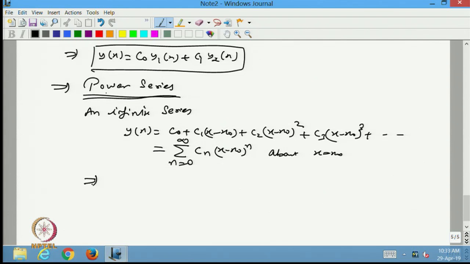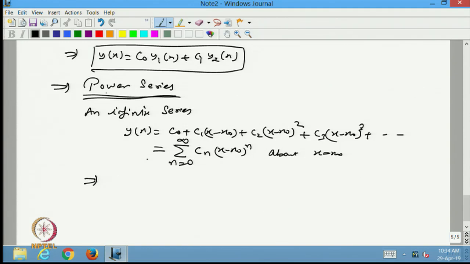So, y(x) is C0 plus C1, and so on. Now, I want to find the values of C0, C1, C2, C3. These are the coefficients and constants that we need to find with the help of y(x).